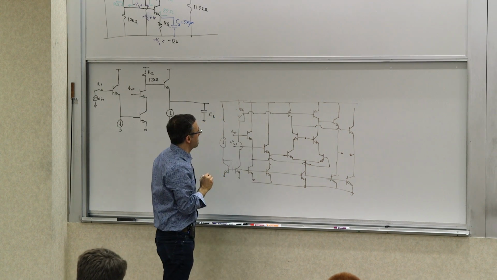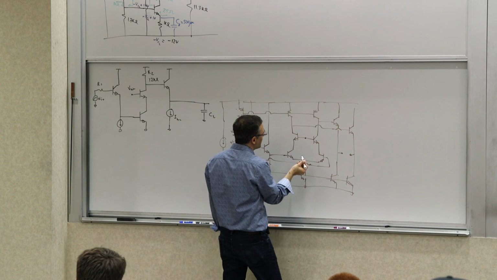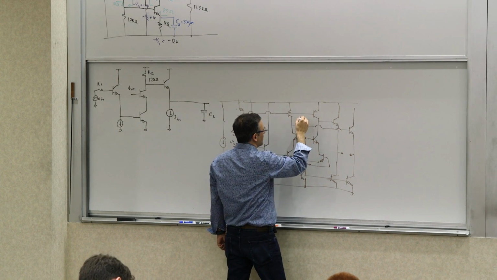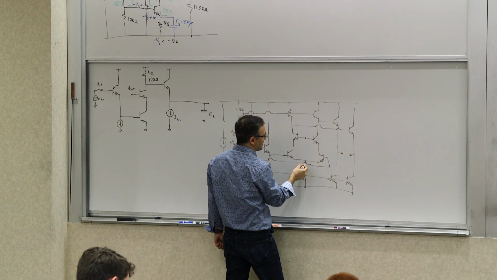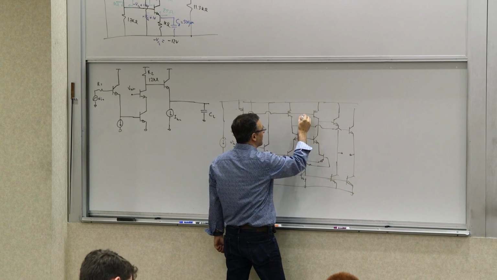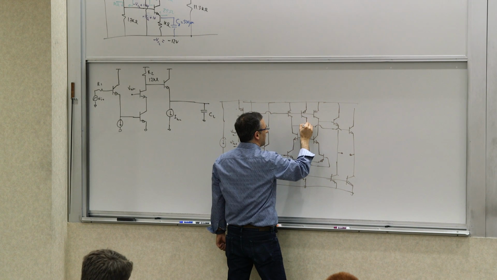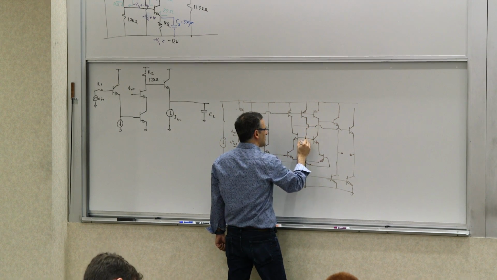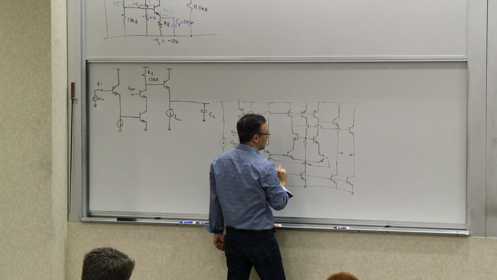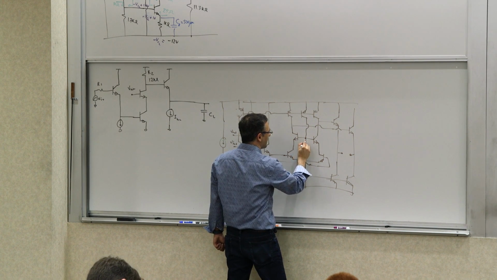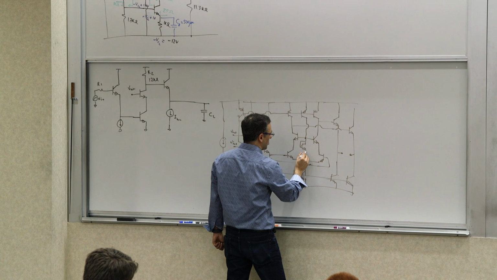And you need to generate this bias current. You want to reference it, for example, to this voltage. You can have a little extra current source here, feeding some sort of a resistor. Or you can have diode-connected transistors, depending on how you want to do it.